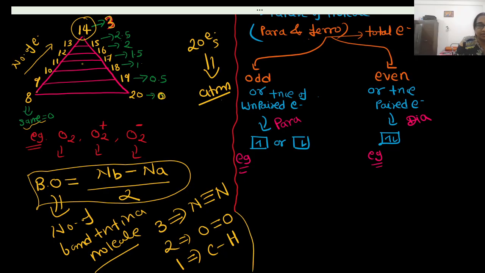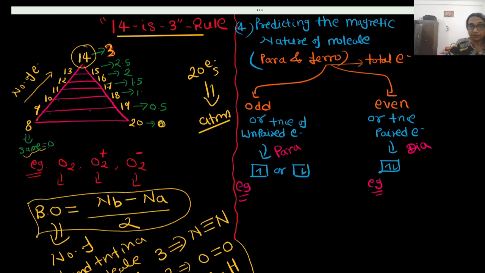You can calculate easily with the help of this. And similarly, 20 has 0 bond order, and 9, 10, 11, 12, 13, 14 will be similar as per the triangle.